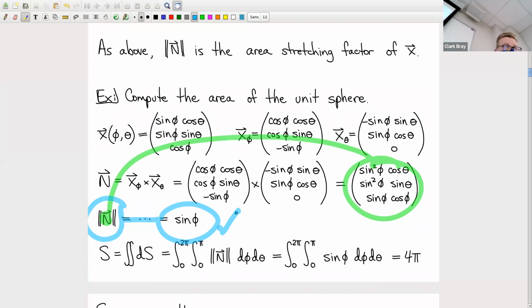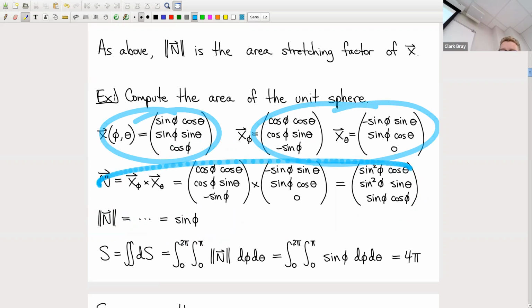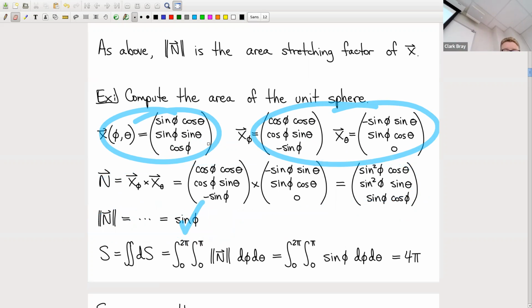The magnitude's just sine phi, which is cool. So again, make sure you can do that as well. Okay, so how do you all feel about it? See what the process is? Again, you take a parametrization, you take the partials, you take the cross product, you compute the magnitude. That is your stretching factor.